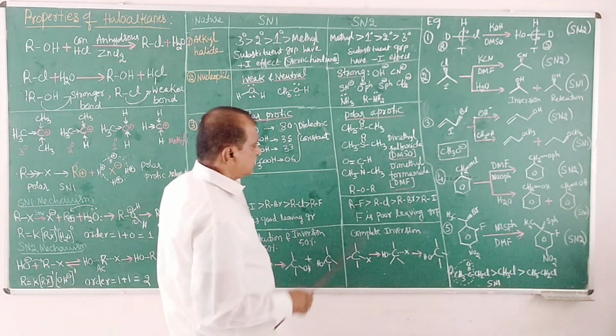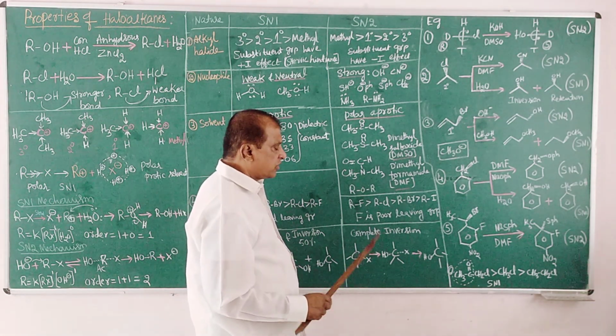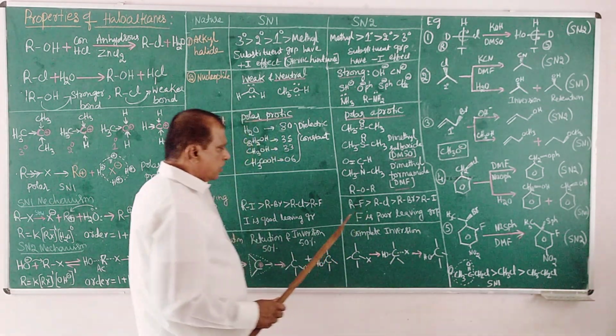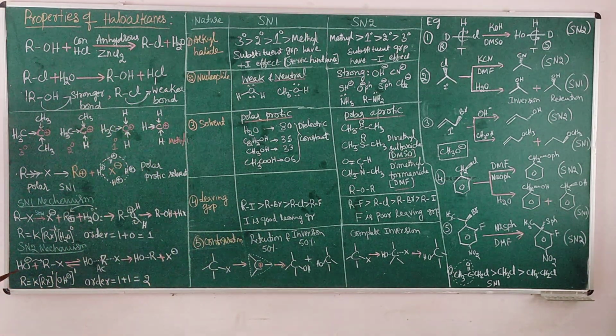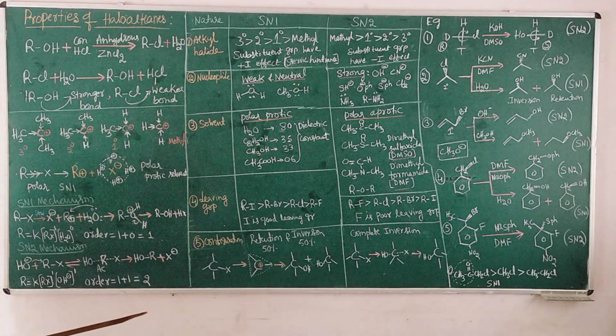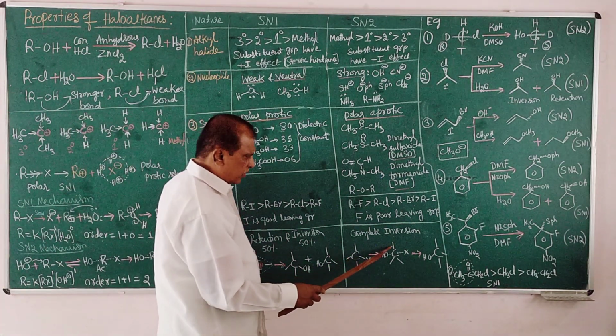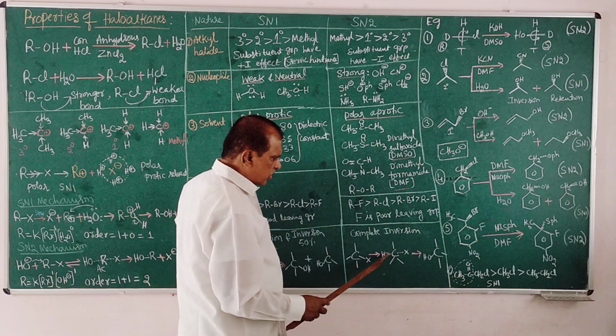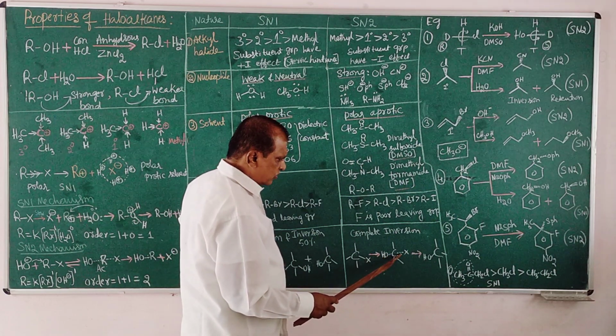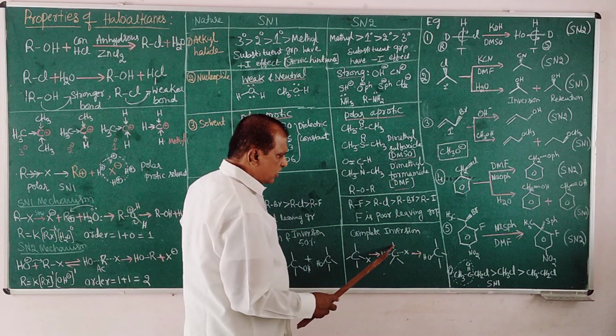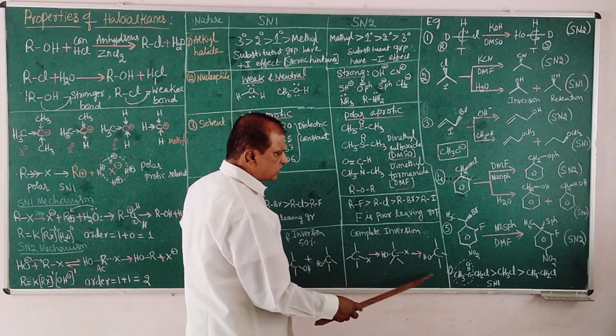But in the SN2 mechanism there is only one configuration, the inverted one, because here the attack is from the back side, exactly the opposite direction. It cannot attack from this side because the chemical bond is already here. It can attack from the back side. With this attack, a chemical bond forms in this direction while the leaving group is removed, and the other bonds adjust.